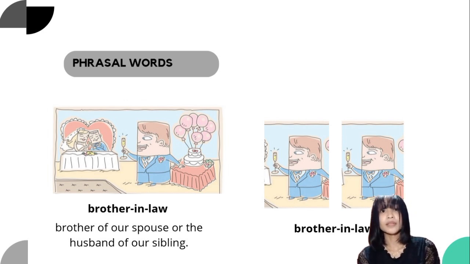And when we make it plural, we don't put the S at the end of the phrase like Jack in the Box, but we change the head, or the main word, into plural form. So it becomes brothers-in-law, not brother-in-laws. We put the S on brother. So that's the part that changes, because that's the central idea or the head of the phrase. That's the part that changes when we talk about more than one.